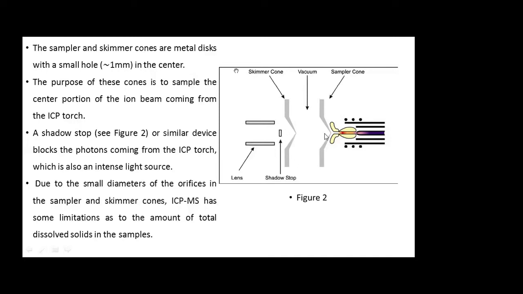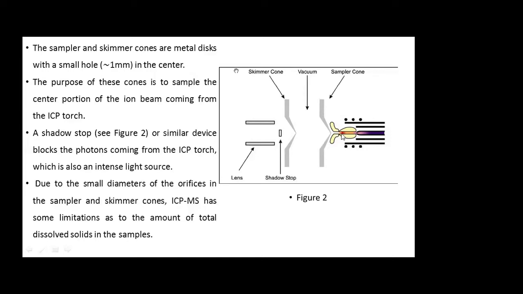Due to the small diameter of the orifices in the sampler and skimmer cone, ICP-MS has some limitations as to the amount of total dissolved solids in the sample, because some amount of the sample is not allowed to pass through.